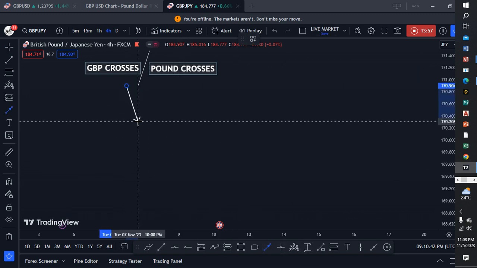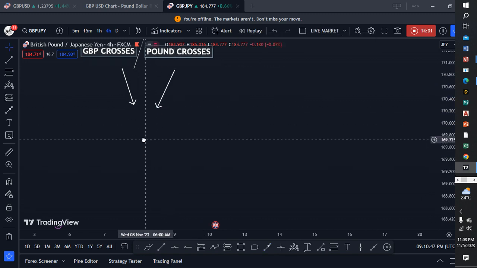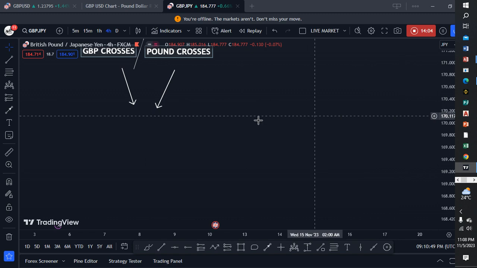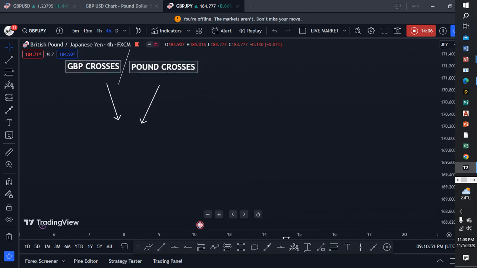So these are the examples, some of the pound crosses we have here.